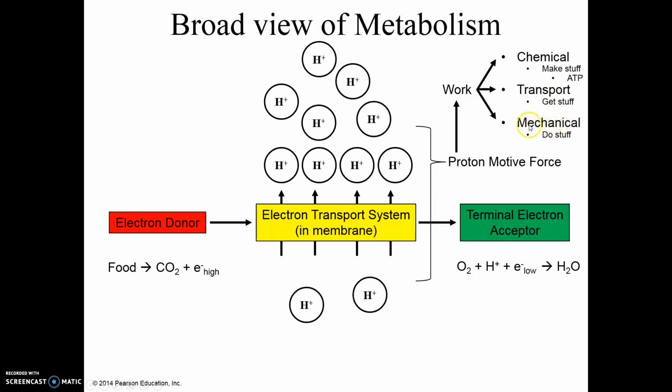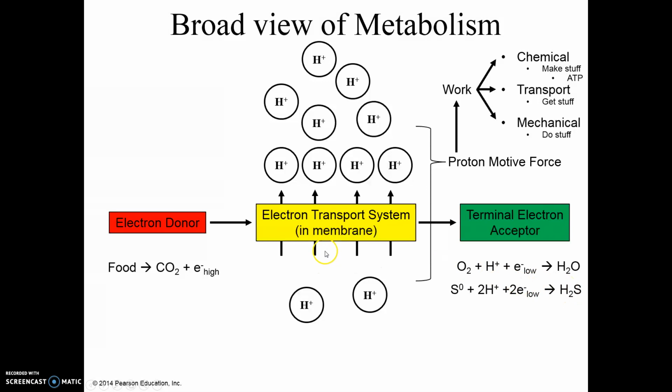In the case of bacteria, they can utilize this proton motive force to swim. Okay? Now, we always put our electrons onto oxygen, but that's not true for all species. Some species put it onto something else, like hydrogen, or onto sulfur to make hydrogen sulfide.